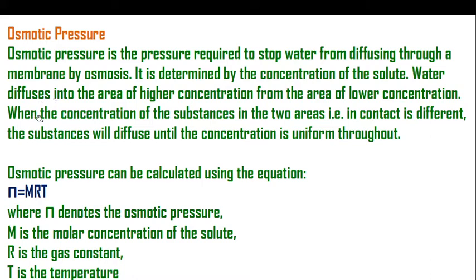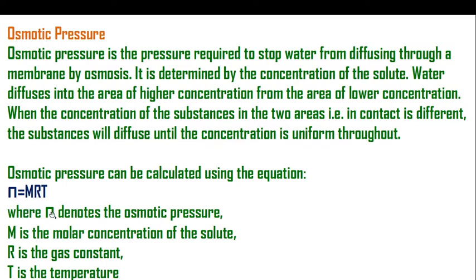So when all these things happen, the concentration of substance in the two areas that are in contact with different concentrations will diffuse until the concentration is uniform throughout. This osmotic pressure can also be calculated with the help of this equation, that is pi is equal to mRT.